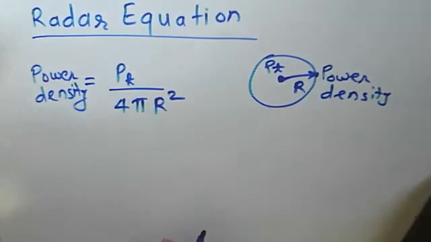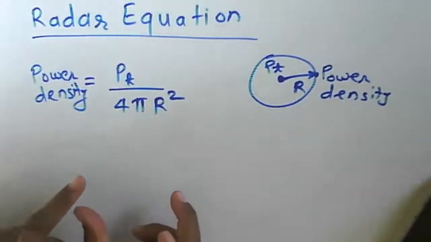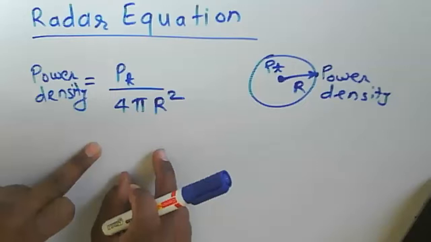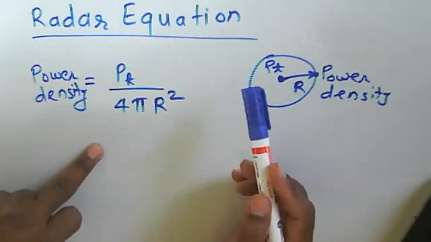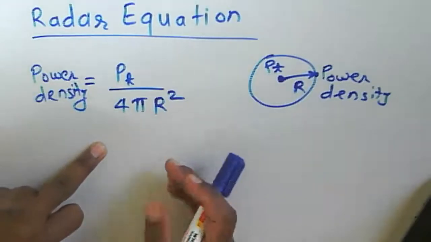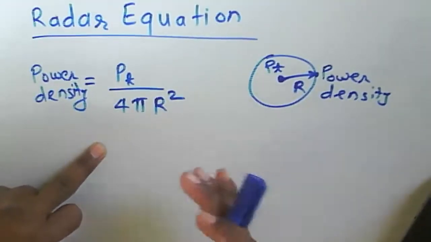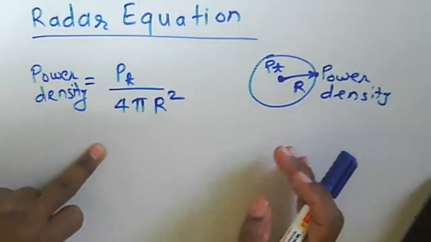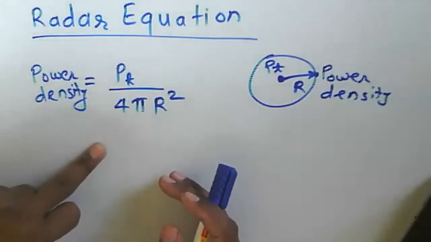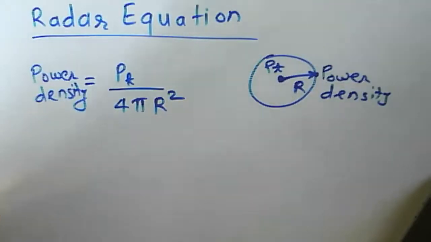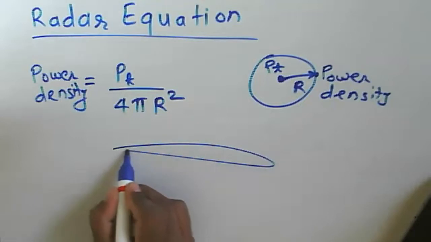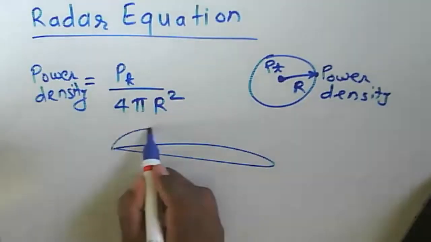Now, this antenna radiates in all directions. But our aim is for the antenna to radiate the signal only in one direction, or only in a given direction. In that case, the antenna has to be highly directional, providing a narrow beam instead of a broader beam.